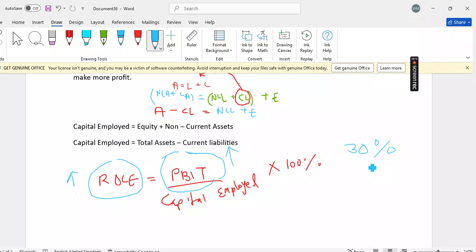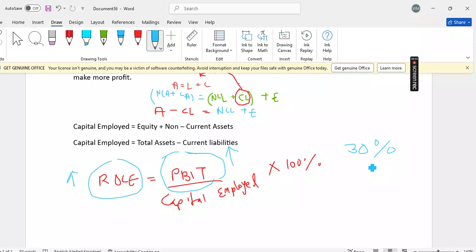If you put in 100 kwacha, your operating profit is 30 kwacha. If it's 1,000, 30% of 1,000, you're getting back 300 as operating profit.